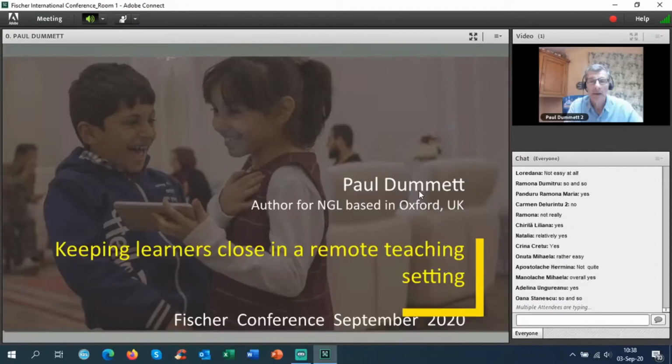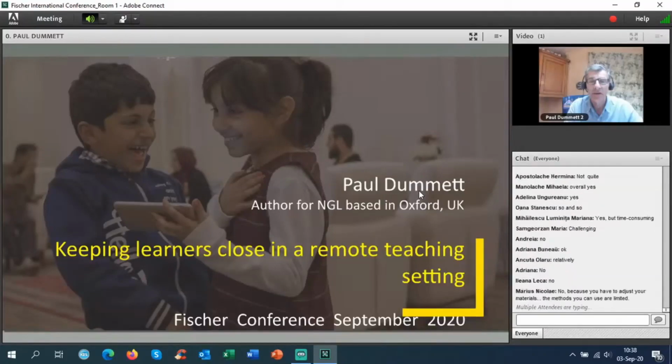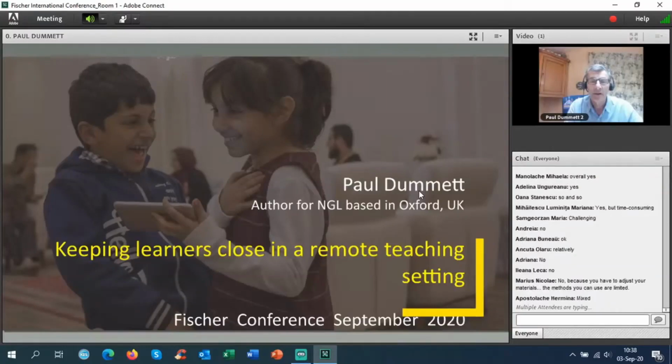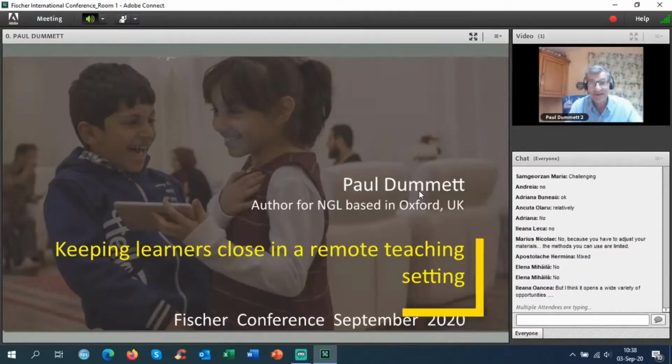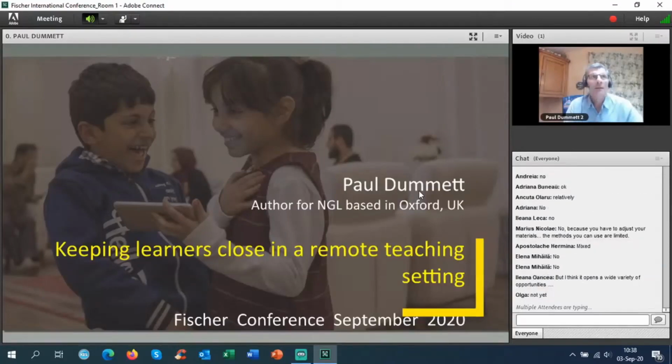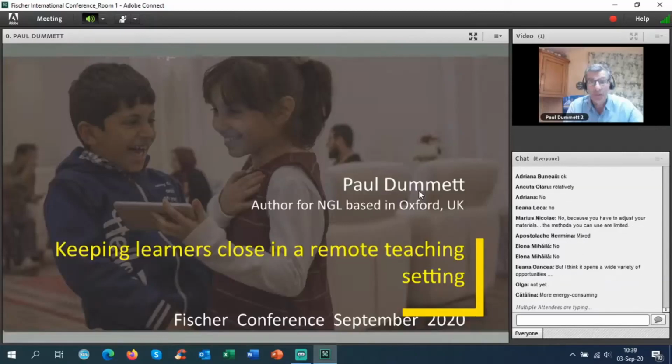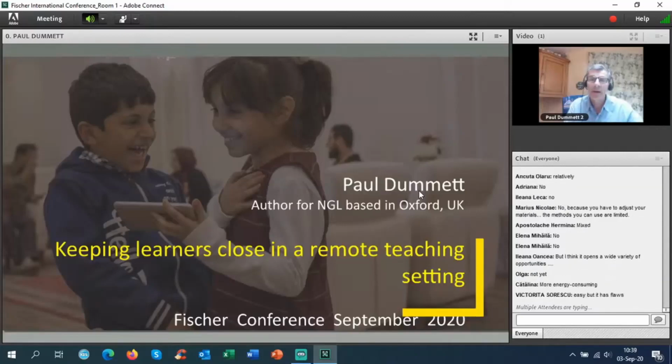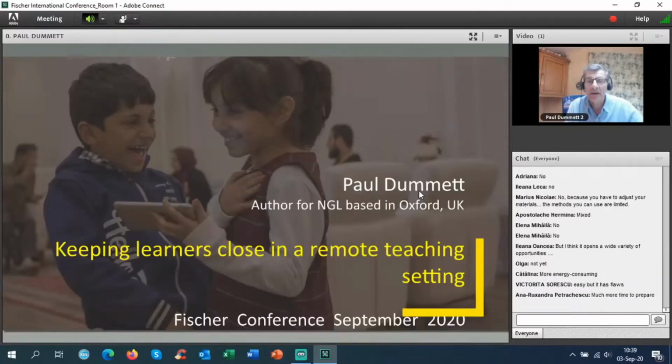We'd probably split about 50-50 on those who find it easy and those who don't. Maybe you find it easier now, and you didn't find it so easy at the beginning. That was certainly the case with me. I had to think about it quite a lot and adapt my techniques because it's simply different. But then again, I'm older and maybe slightly less technology proficient than some of you. Okay, more energy consuming. Absolutely, Catalina, I think that's a very good comment, a true comment.